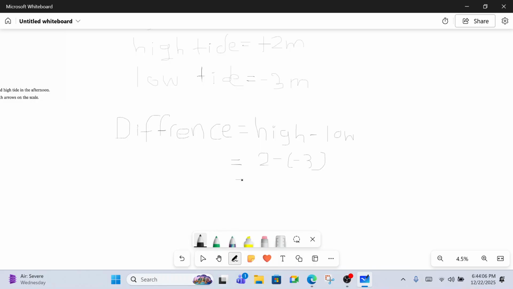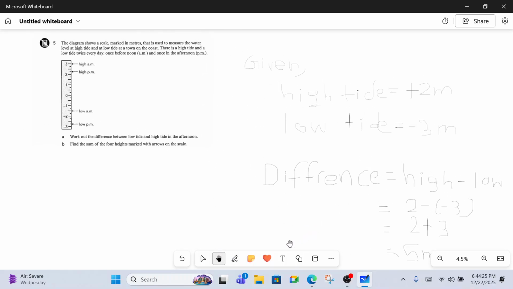So it's gonna be 2 plus 3 right here. Perfect. And it's going to be 5 meters right here. 5 meters, okay? So that answers our question to part A. This is our answer for question number 5A.